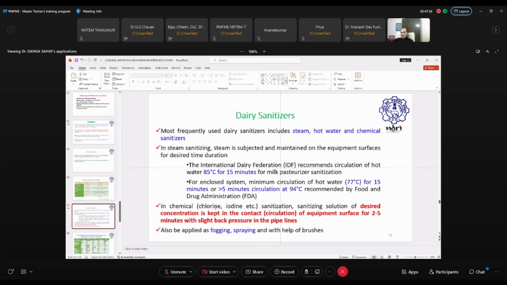In chemical sanitation, chlorine, iodine, or a sanitizing solution of desired concentration is kept in contact with the equipment surface for 2 to 5 minutes with slight back pressure in the pipelines, so that there will be correct contact of the solution and equipment, and it can also be applied as fogging, spraying, and with the help of brushes.